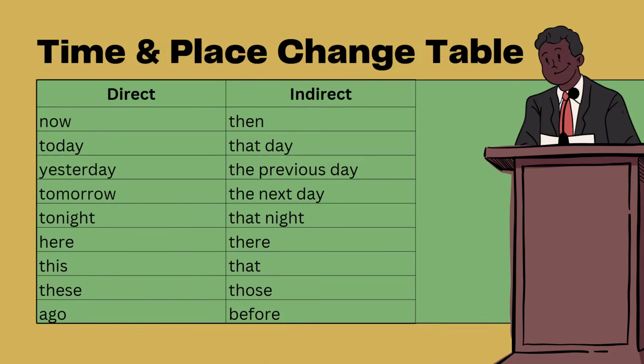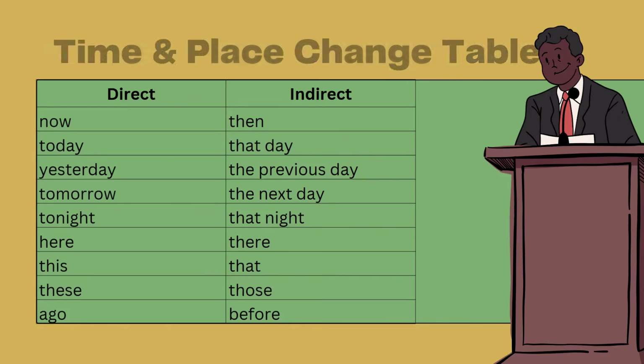Now will be converted into then, today into that day, yesterday into the previous day, tomorrow becomes the next day, tonight becomes that night, here will become there, this will become that, these will become those, ago will become before. Students often forget this and lose marks very easily. Always scan for the time words in your reported speeches so that you don't miss any point.